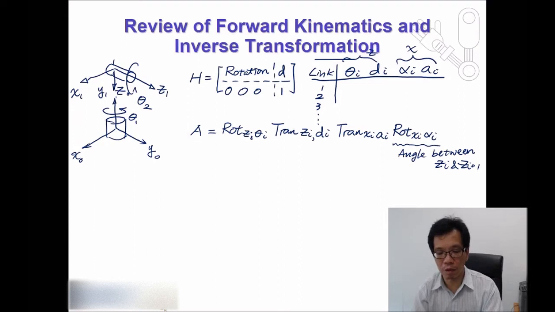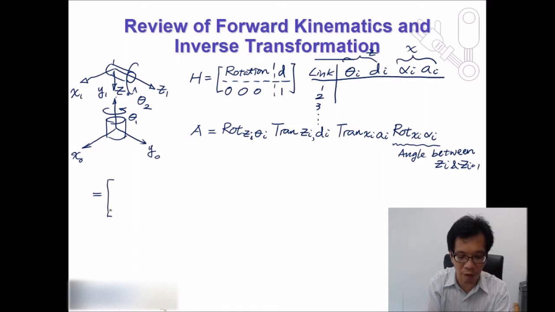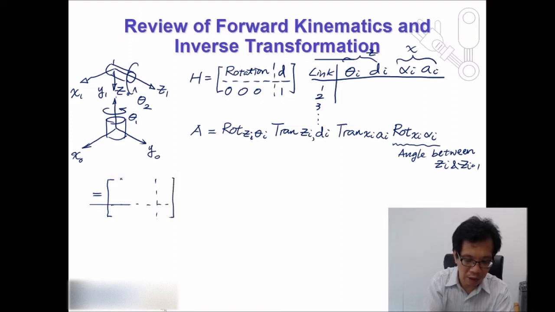And when you are dealing with those kinds of things, the equation is actually, let's put it over here, so I'm not going to use up all the space. So the rotation about z i is going to be cosine theta i, negative sine theta i, sine theta i, cosine theta i, and 0, 0, 1.